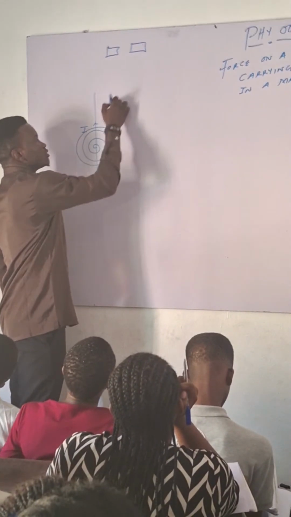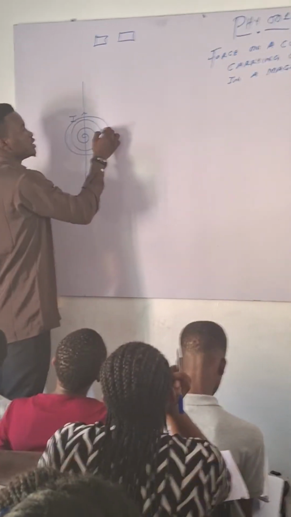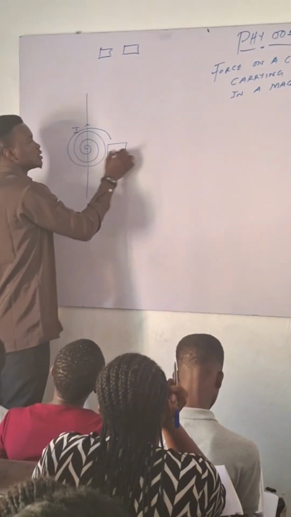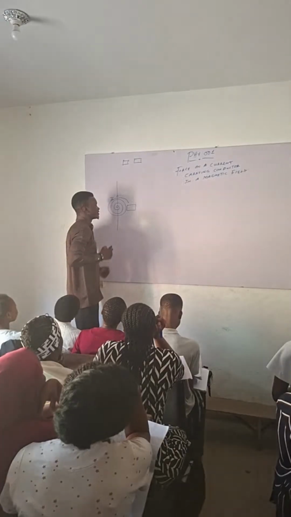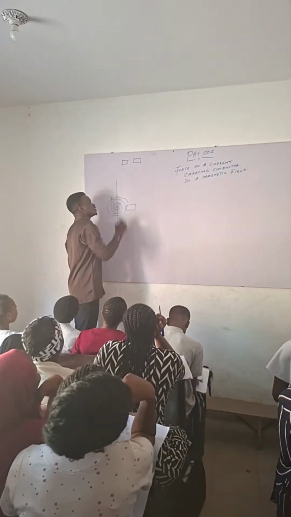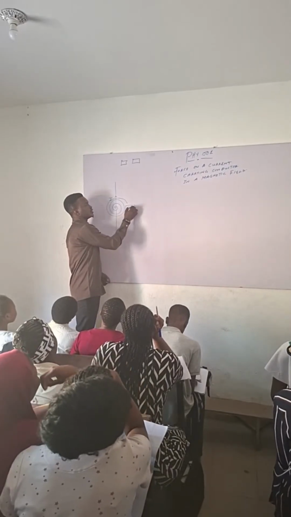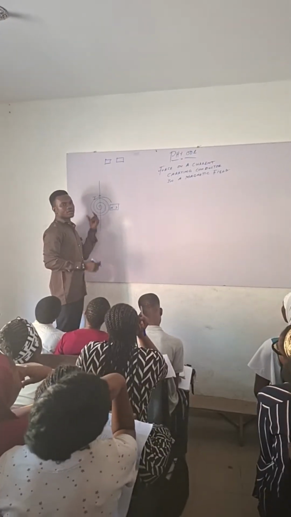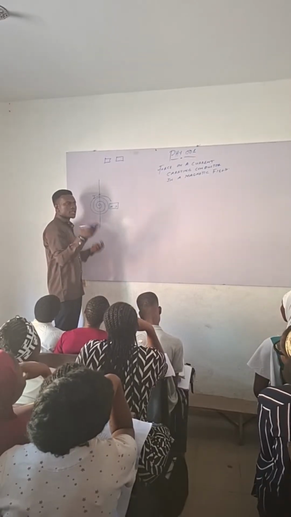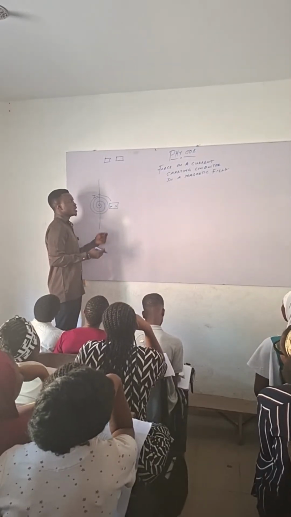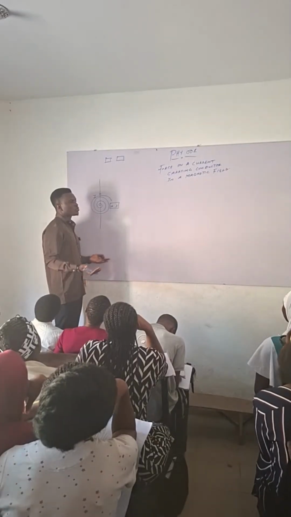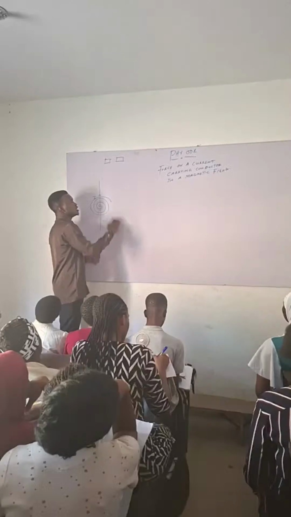So now, if I bring a magnet close to a wire, just a wire that is carrying current, and this magnet experiences either a repulsive or attractive force, how did that happen? This is just a wire, and this is a magnet.